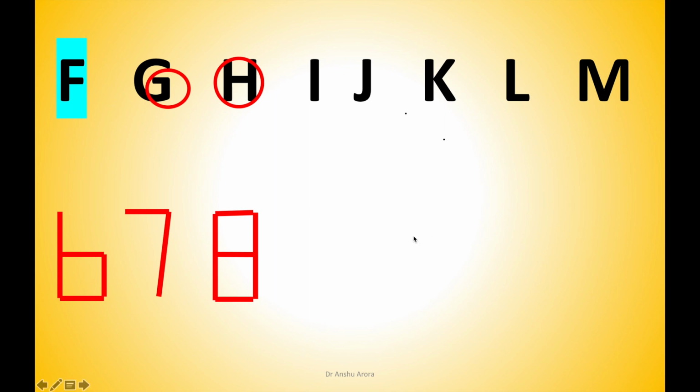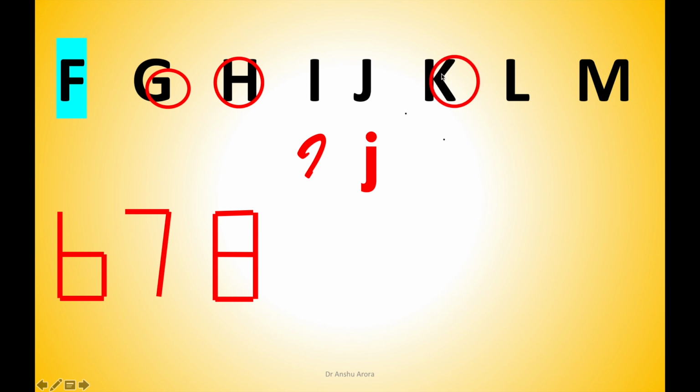I especially can be written in this way. This looks so much like a 9. And J can be written with a dot, and the dot will make it like 1 and 0, which is 10. K has 2 bars.